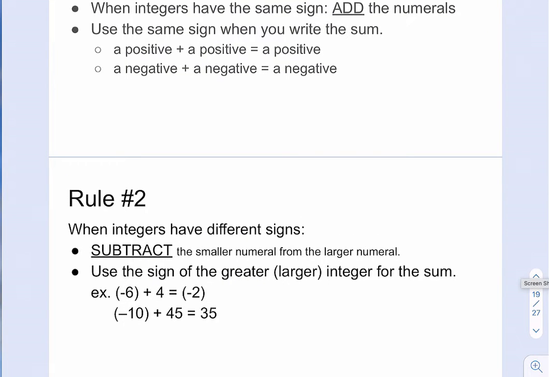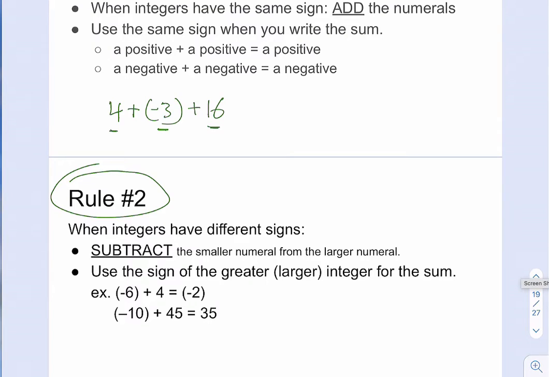Let's say there was 4 plus -3 plus 16. Now in this one there's 3 integers. So far we've only done pairs. But this one's a positive, this one's a negative, this one's a positive, so I have 2 different signs. Therefore, I have to use rule 2. You can do this in 2 ways. We can group things that are the same, or we can just move along.